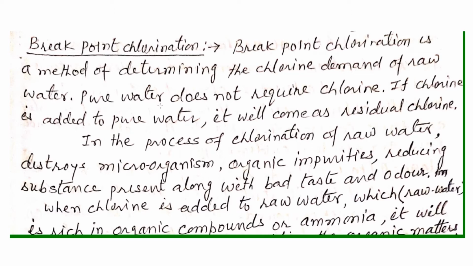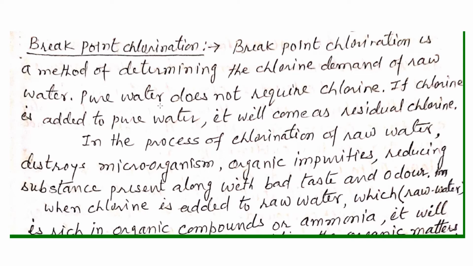Rainwater, while flowing over the earth's surface, comes in contact with many plants, minerals, and water bodies, so it gets contaminated. Many phenolic or alcoholic substances dissolve, many bacteria and viruses dissolve, and salts also dissolve in the flowing water. So this breakpoint chlorination tells us the nature of water.